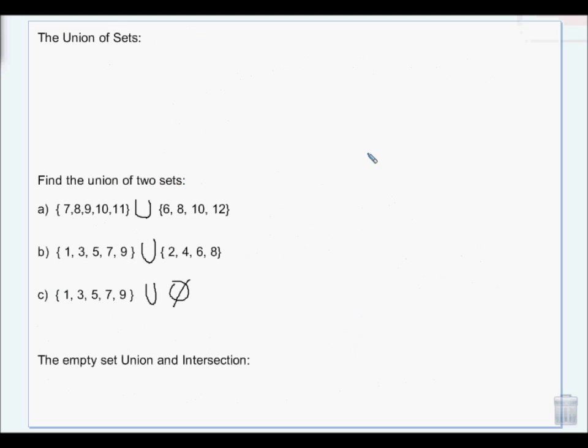What's a union? Two things come together, right?